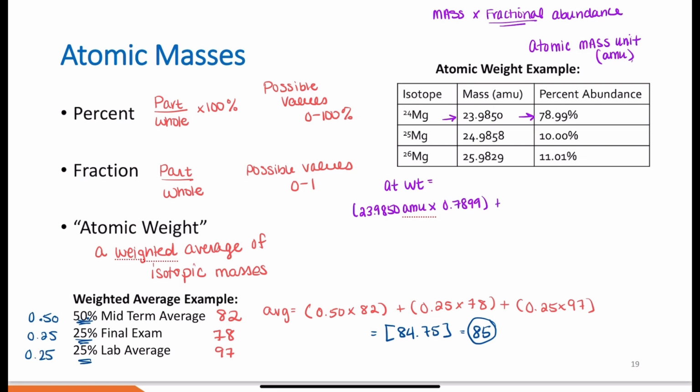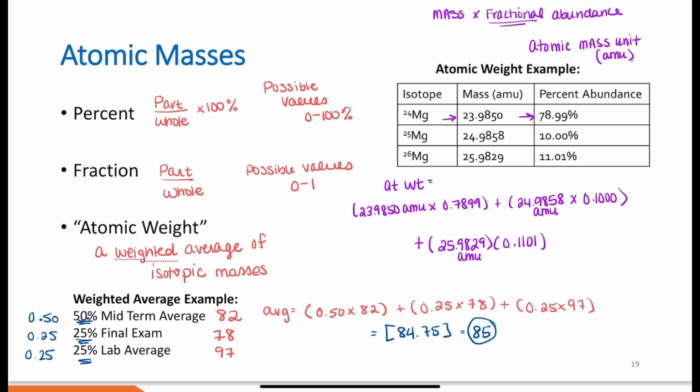I add that to the next one, 24.9858 AMU times 0.1000. I'm going to run out of room here, plus 25.9829 AMU times 0.1101.